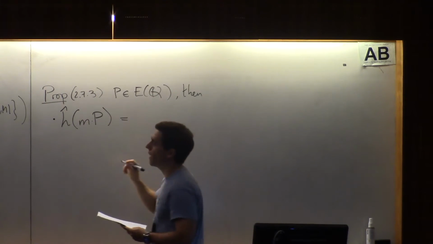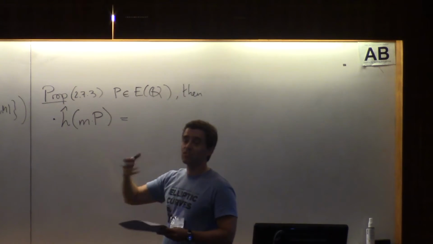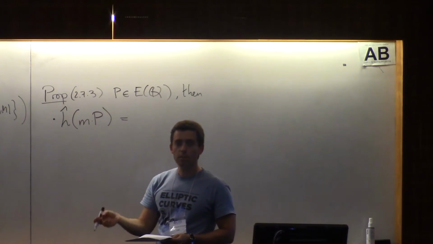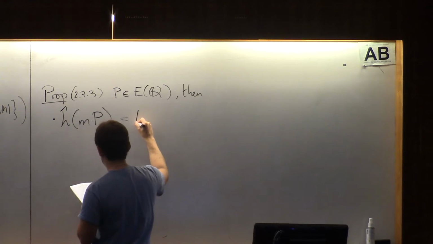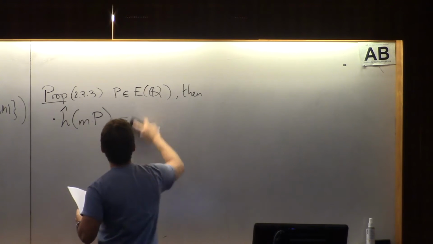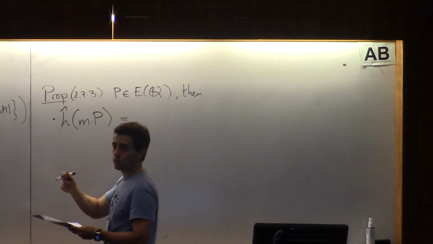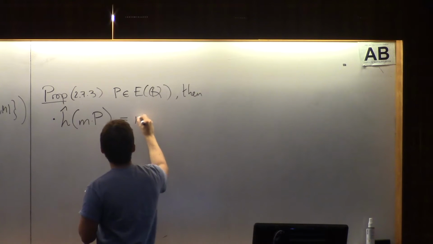It turns out that the naive height of mP is roughly m squared times the height of P, but in the canonical one it's exactly the same. So that's why I like this canonical height better. This is what you get in Magma and Sage; you might actually have to ask for the canonical height, but you can calculate this very quickly.